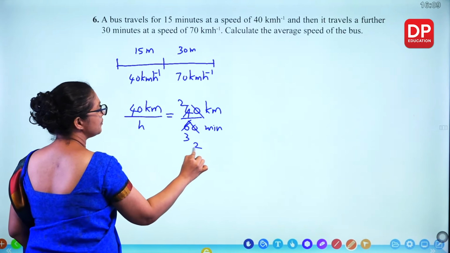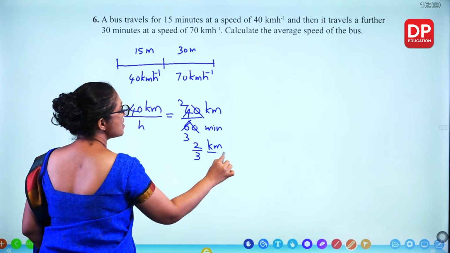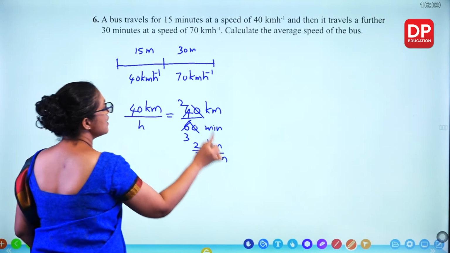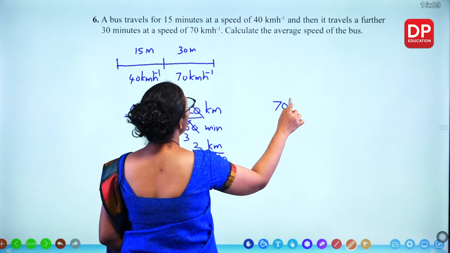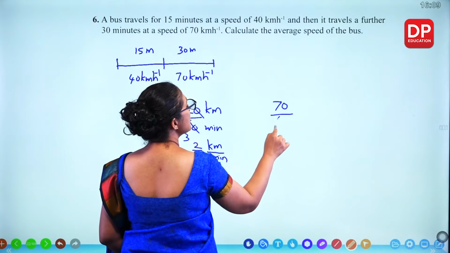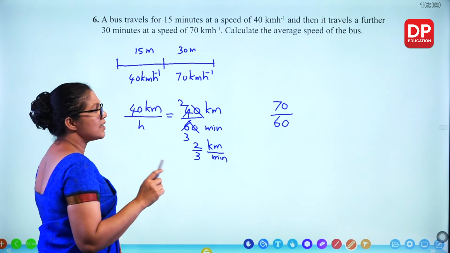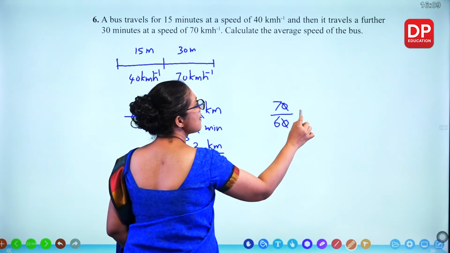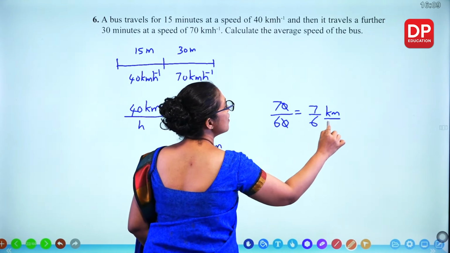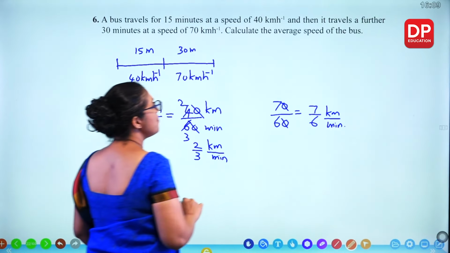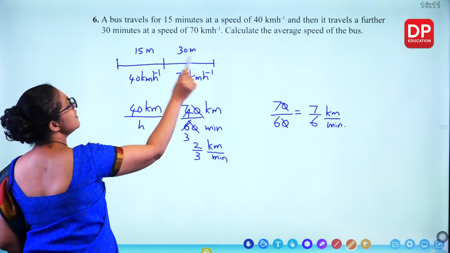So 2/3 kilometers per 1 minute. What about the other one? 70 kilometers within 1 hour. For 1 minute, this is 7/6 kilometers per 1 minute.